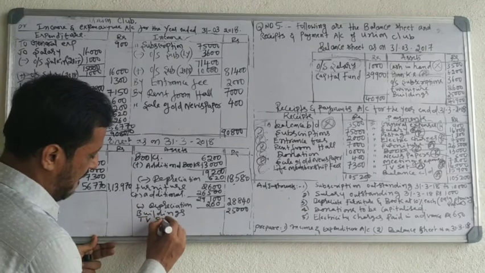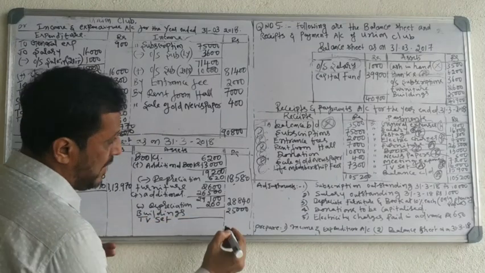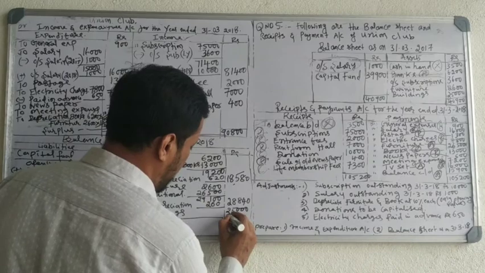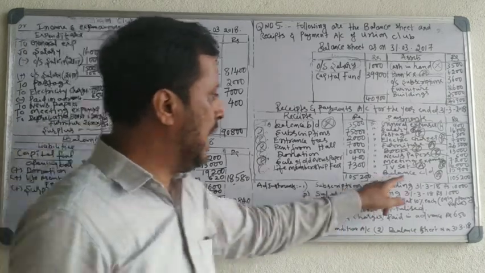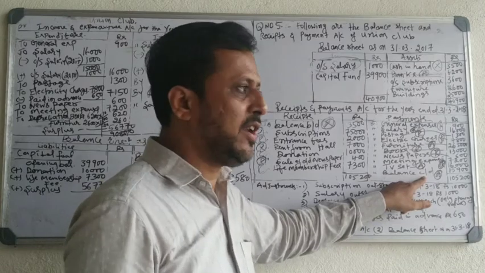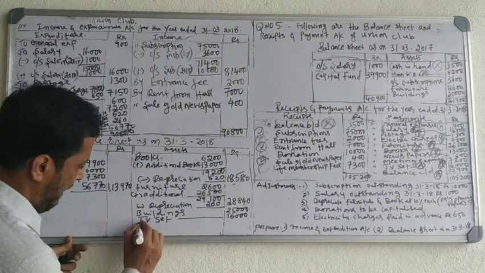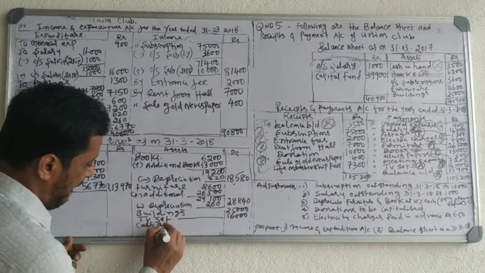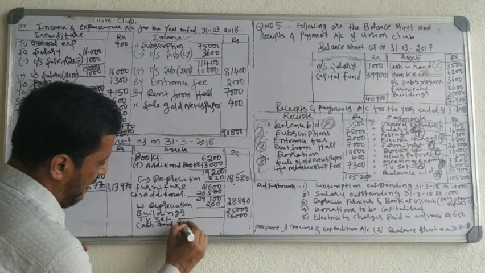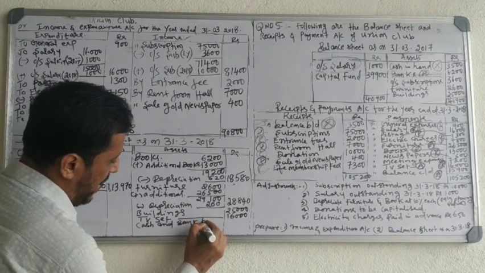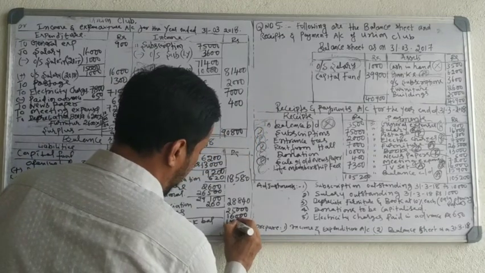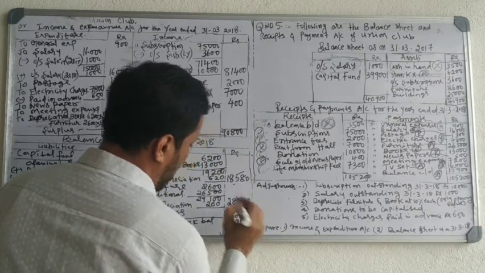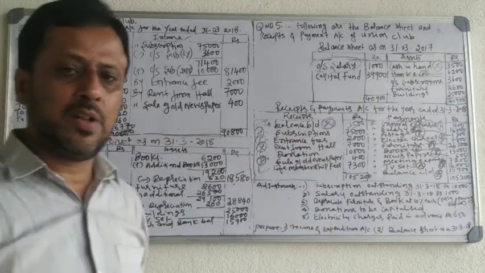TV set is 16,000. Then balance carried down. This year, current year cash and bank balance 15,900. Okay, we have completed all the assets.